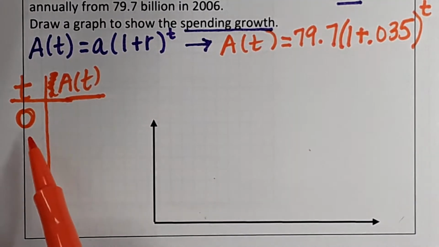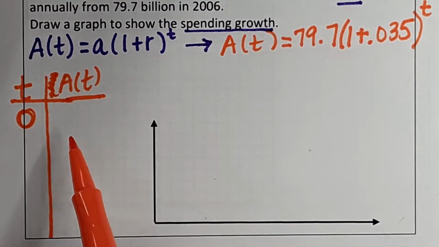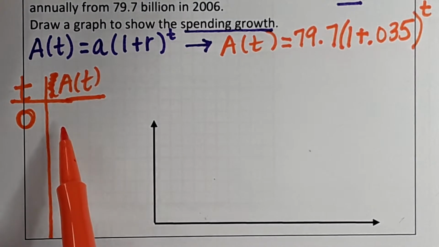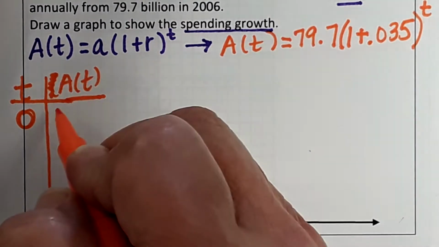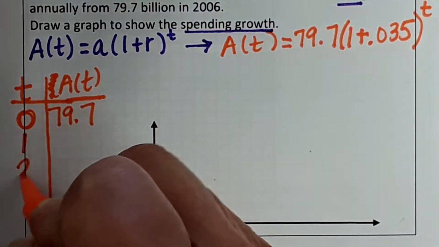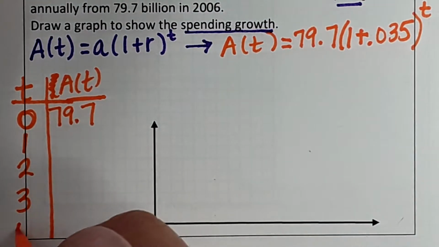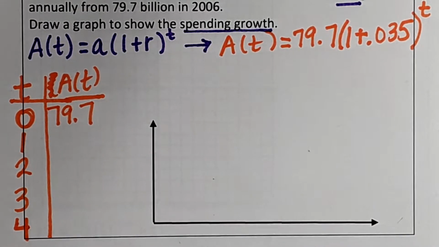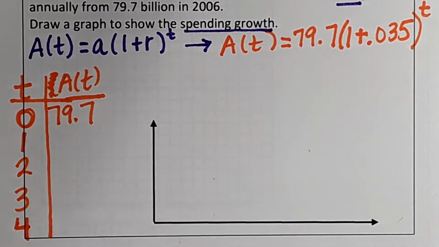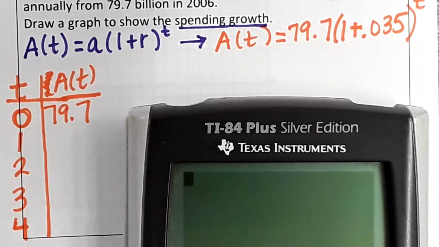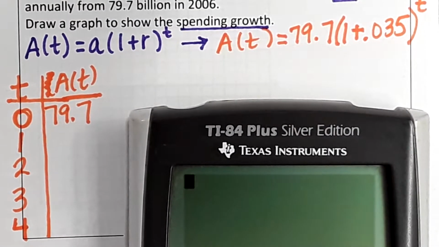So at 0 years, how much was our value? We already know this one. 79.7. And then we're just going to go 1, 2, 3, 4. We're going to do 4 years. So now we're going to plug in 1.